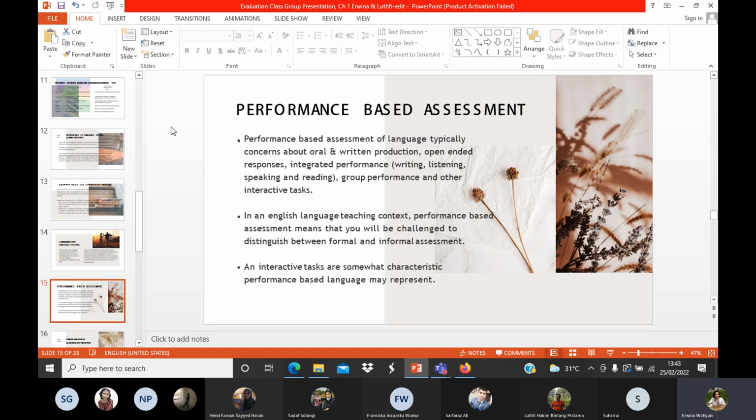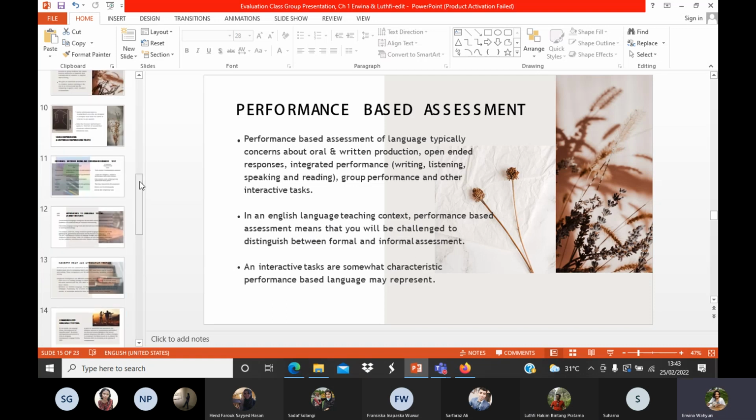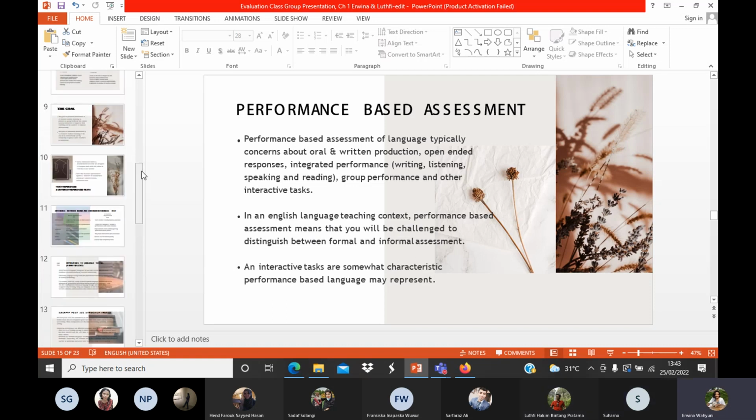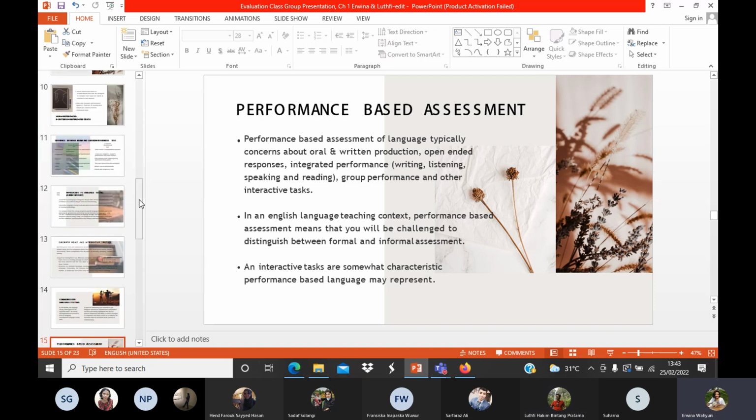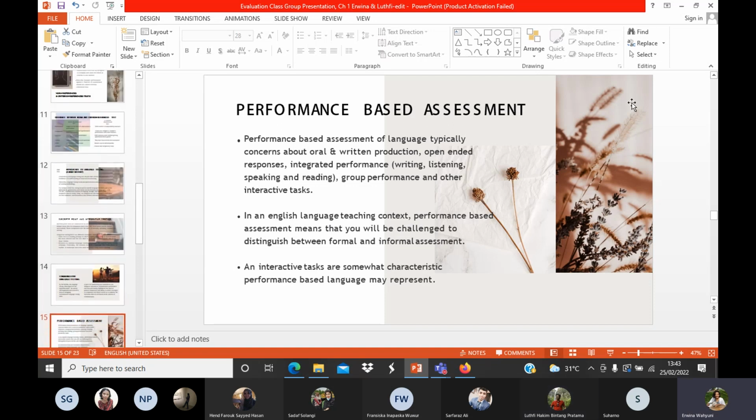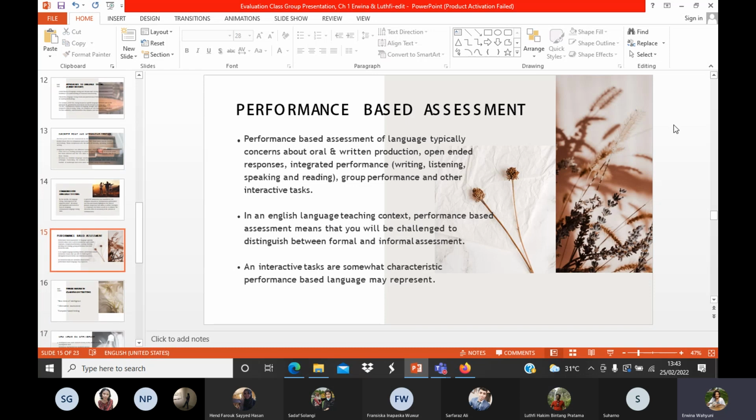It's actually still related to the previous chapter. We have here these approaches to classroom testing. The first one is assessment based on performance. It typically concerns oral and written production, open-ended responses, integrated performance that involves four skills: writing, listening, speaking, and reading, group performance, and other interactive tasks.